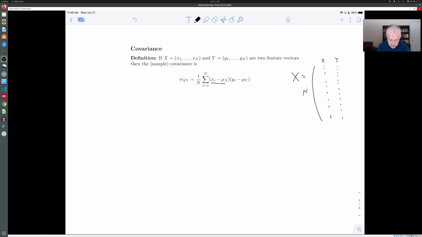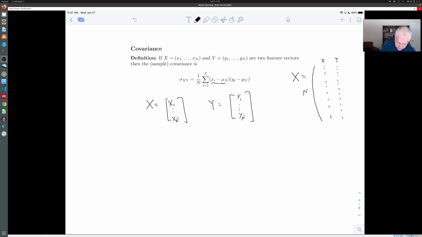The covariance, which is a measure of the relationship of these two features, is gotten by taking the sum of the products of the differences between the x's and their mean and the y's and their mean, and then dividing by n. So if you want to think about this in geometric terms, you can think of the vector x, which is x1 down to xn, and y, which is y1 down to yn.